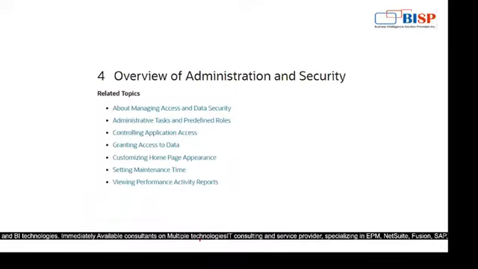Whenever we start working on any application, there are various options for data security. If we talk about PBCS or other applications, there are cell level securities and valid intersections as well. Here we will understand how we can manage access and data security and what kind of roles are defined. We'll see one by one each role: administrative tasks and predefined roles, then controlling application access, granting access to data, customizing home page appearance, setting maintenance time, and viewing performance activity reports.